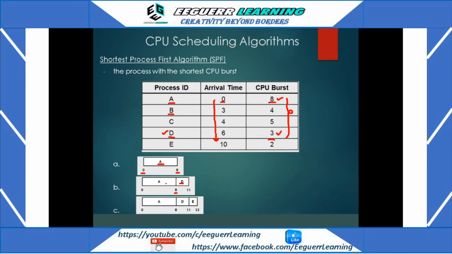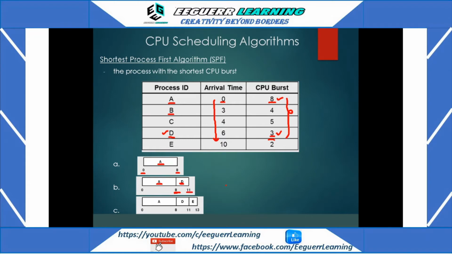That is the reason why after A, letter D is now being scheduled by our scheduler. Then we're going to get the CPU burst of 3 here, and we're going to add it to 8. So 8 plus 3 will give us 11.